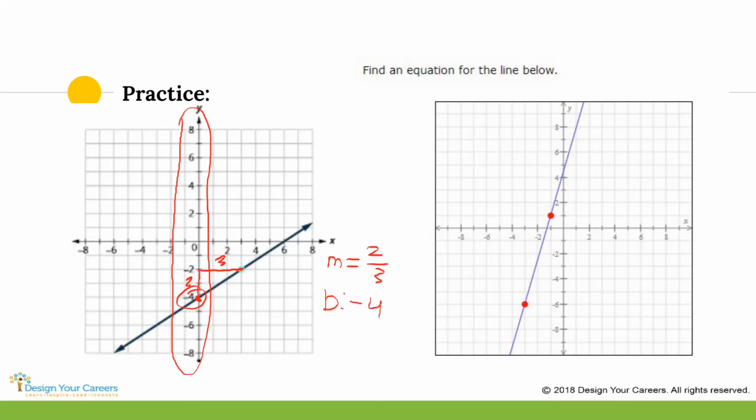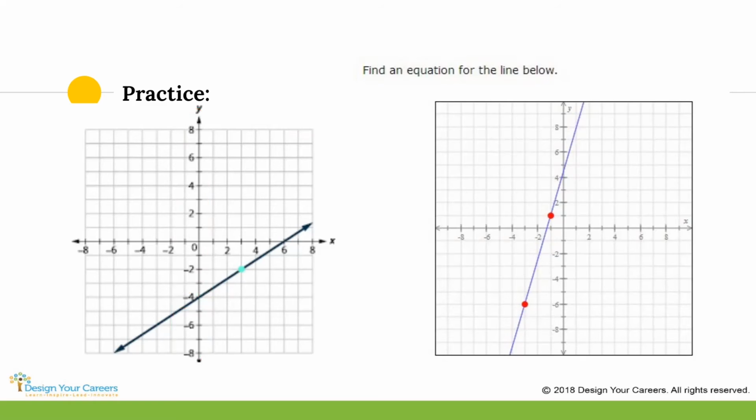All we've got to do is put it together. y is equal to 2/3 x minus 4. Now you could say y is equal to 2/3 x plus -4, but we know that a plus and a minus just becomes a minus. So this is how your final equation should look.